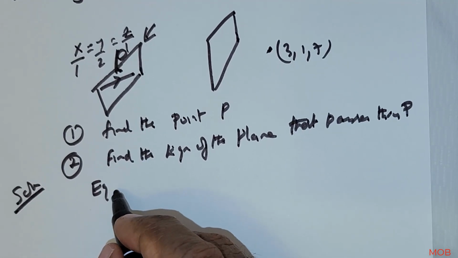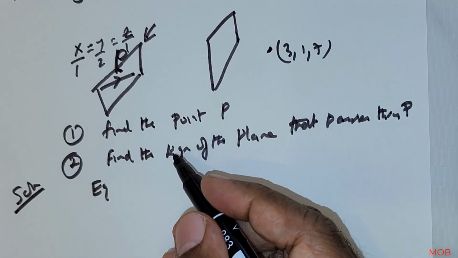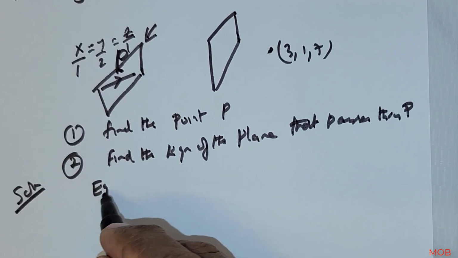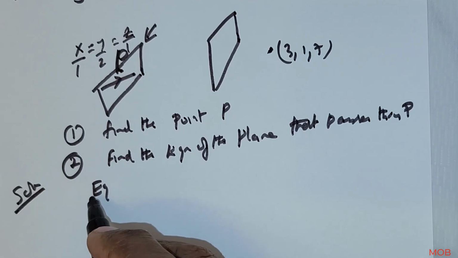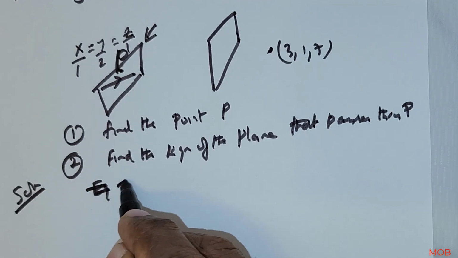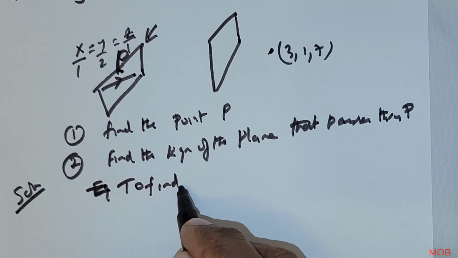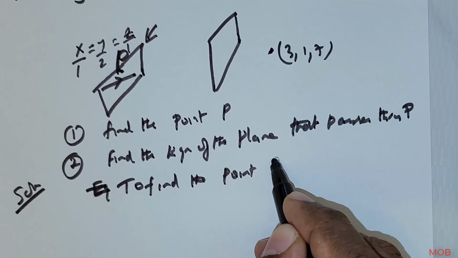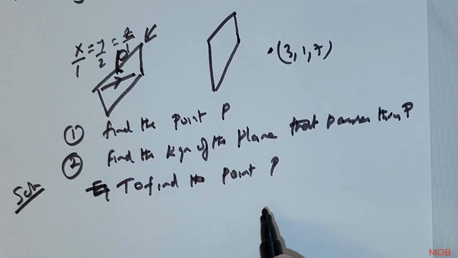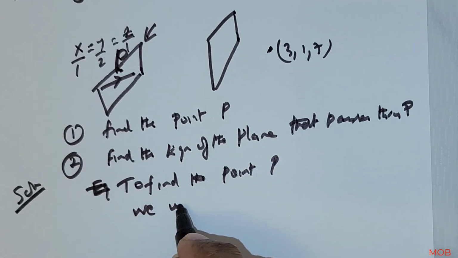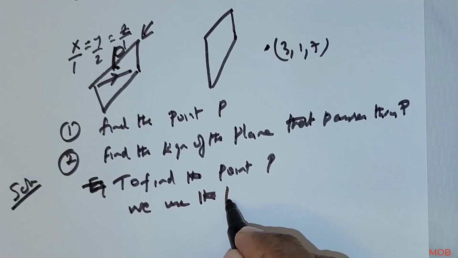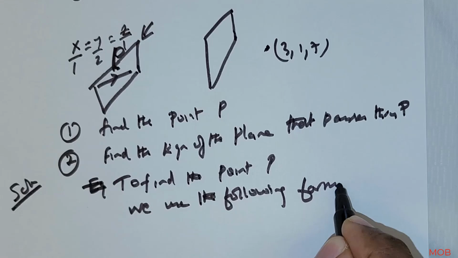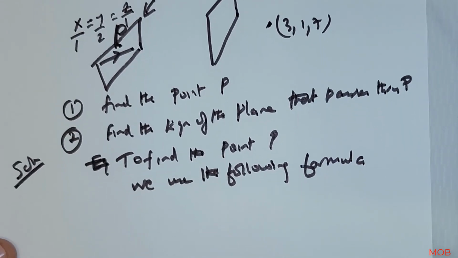Our first action is to find the point. To find the point P, we will use the following formula. So what is that formula?